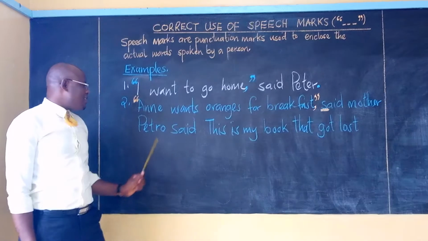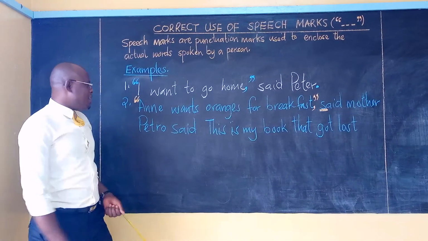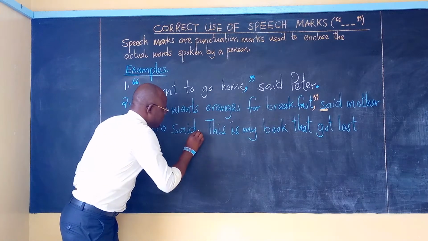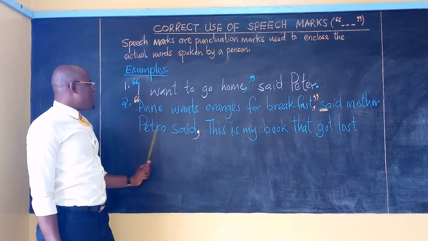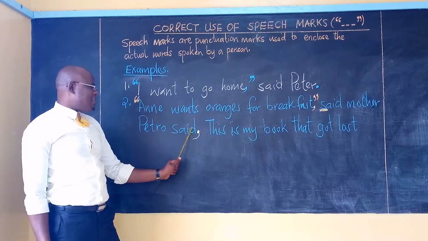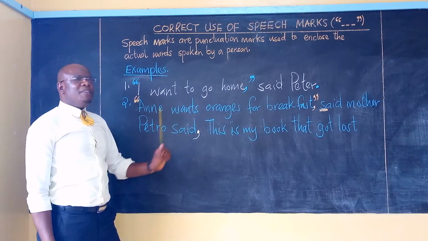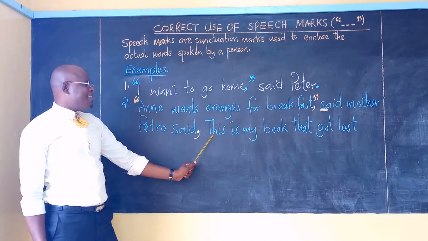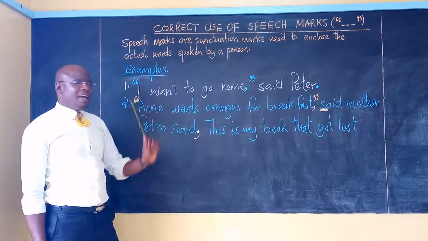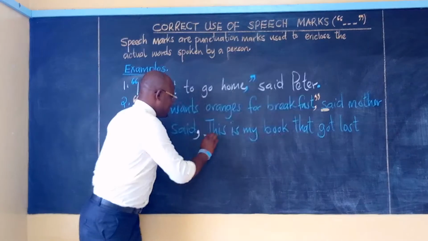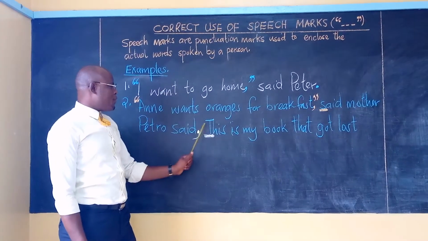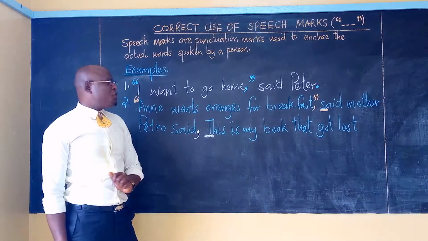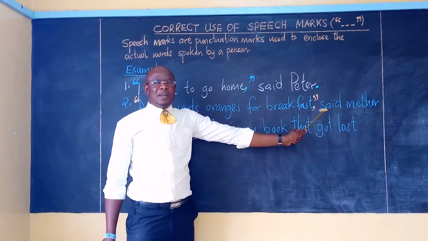In this sentence, we can punctuate it by bringing in the punctuation marks. First, Peter said, comma. Then after putting this comma, you open the speech marks. But look here, this letter is a capital letter T, not a small letter t. I want you to note that it is different from the one before.